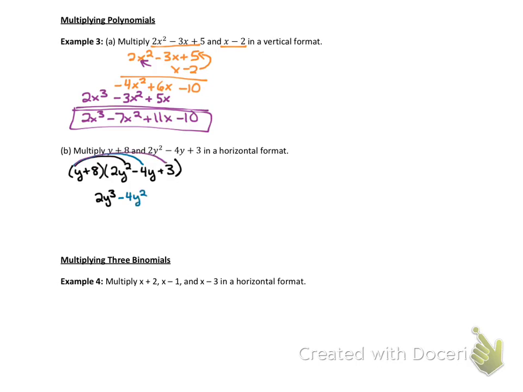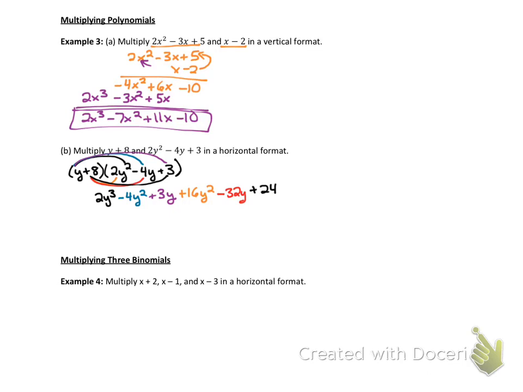Y times 3 gives us 3y. Then we distribute the 8. So we have 8 times 2y squared is 16y squared. 8 times negative 4y is negative 32y. And then the last one, 8 times 3, is simply 24.